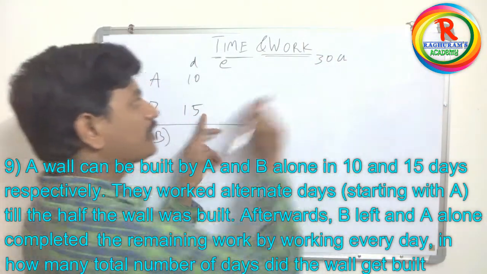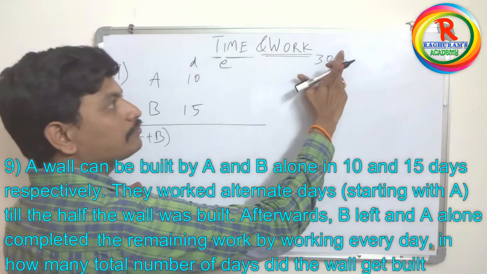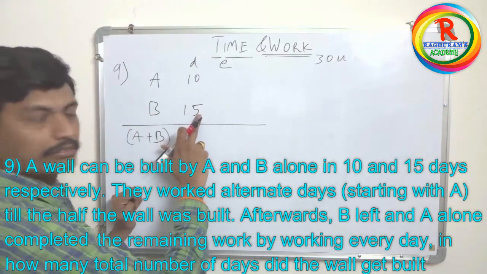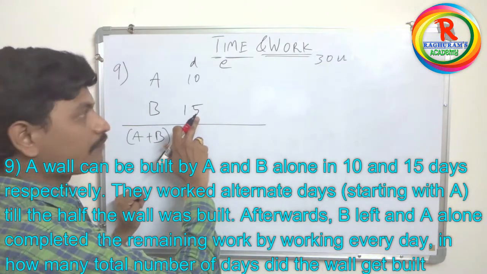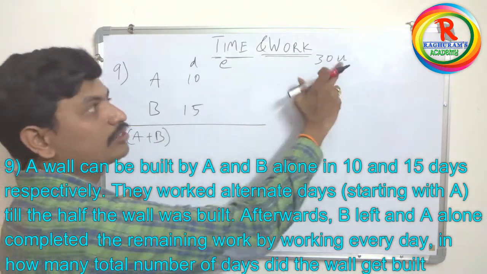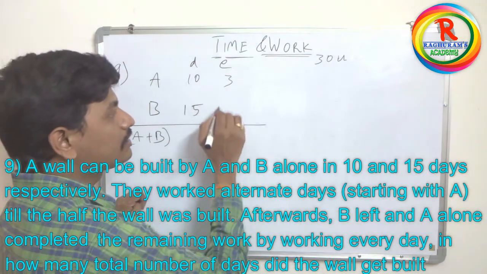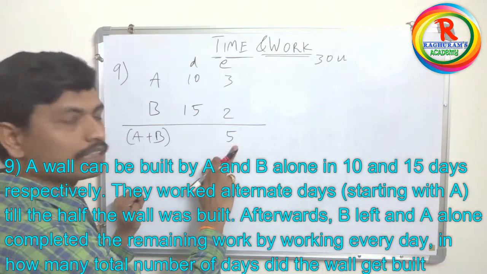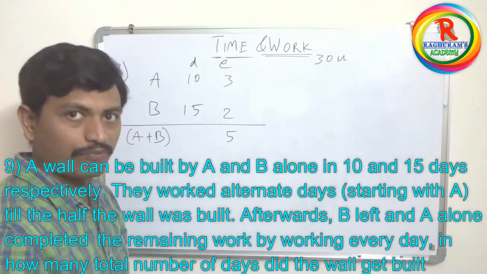If you practice, directly you can write it. 15 is not divisible by 10. 15 plus 15, 30. 30 is divisible by 10. 10 3s, 15 2s. So 3 plus 2, 5. They together complete 5 units of work in 1 day.